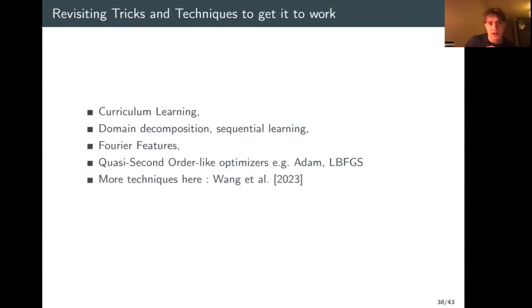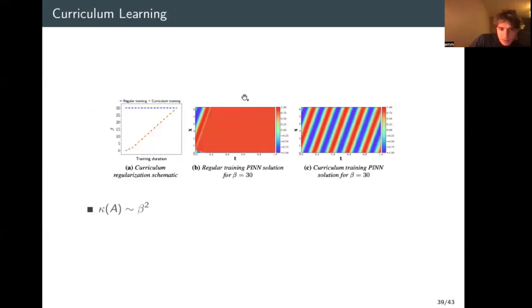So now we can go back to the different tricks and techniques that I introduced before, and see whether, in this light, we can gain some insight on why they work. Let's look at curriculum learning.